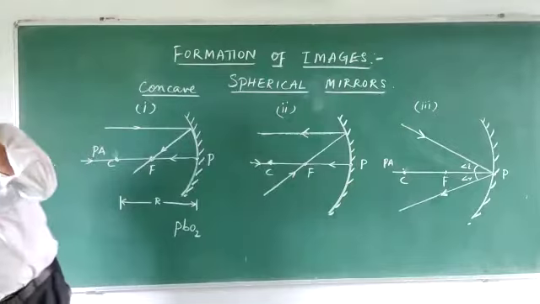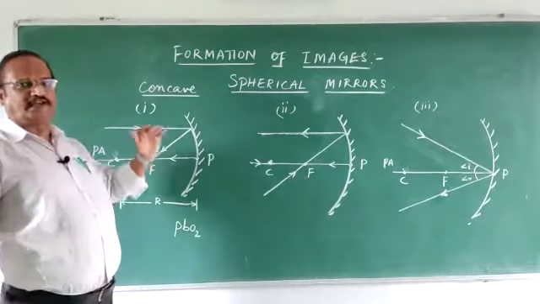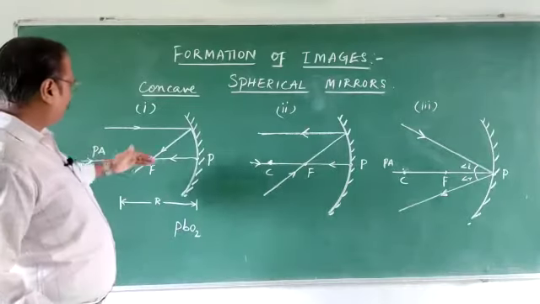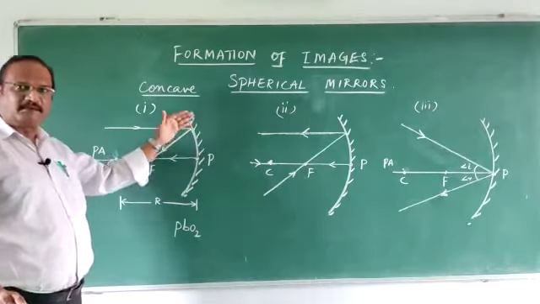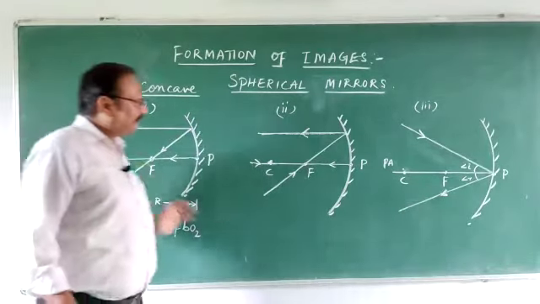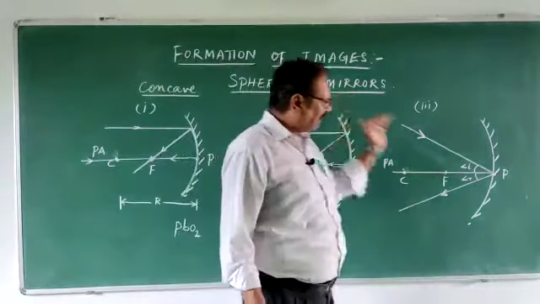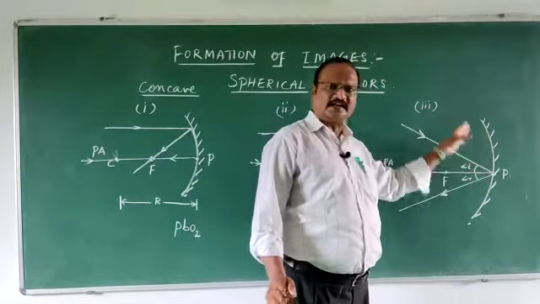I hope you are clear about it. Now I am going to do one exercise for a concave mirror. One ray is parallel to the principal axis and passes through the focus, one passes through the focus and becomes parallel, and then a ray incident at an angle where the angle of incidence is equal to the angle of reflection.